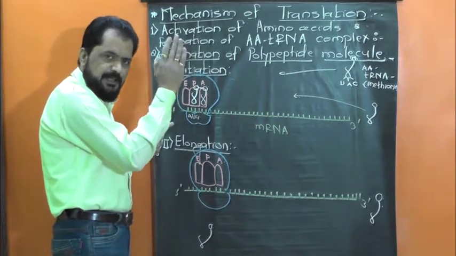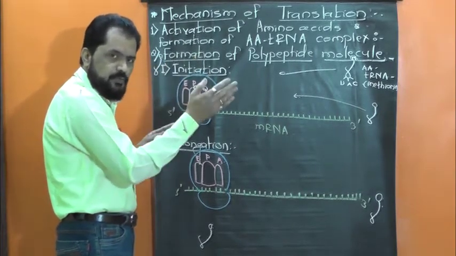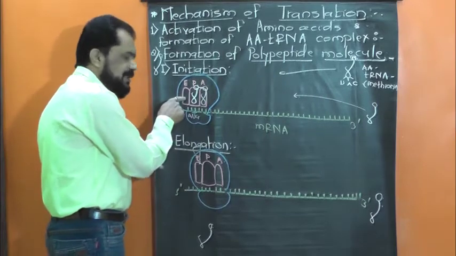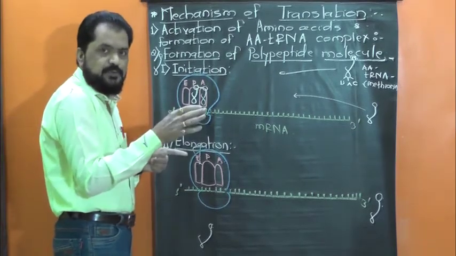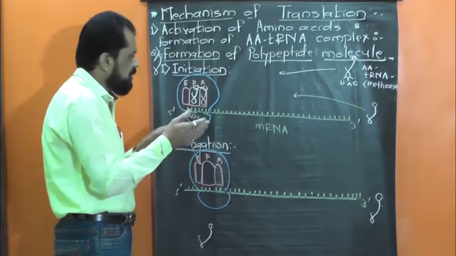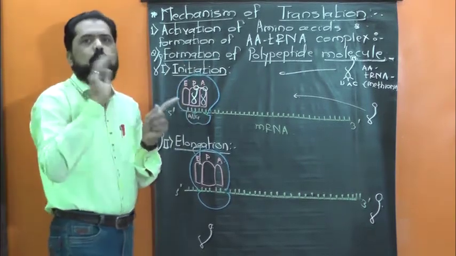It is released from the ribosome via E site. E stands for the exit. It is supposed to be a door through which this tRNA has to go out.